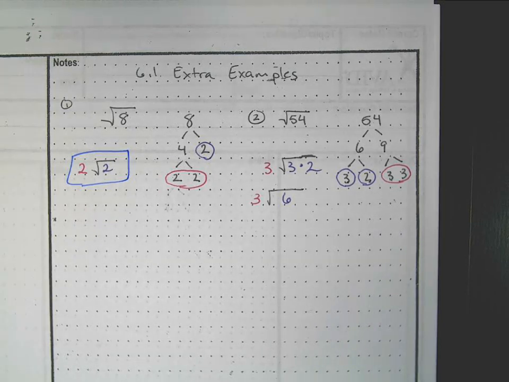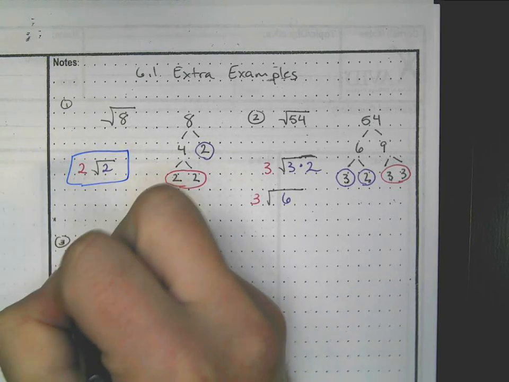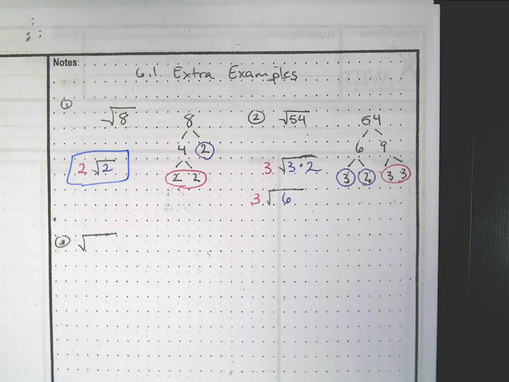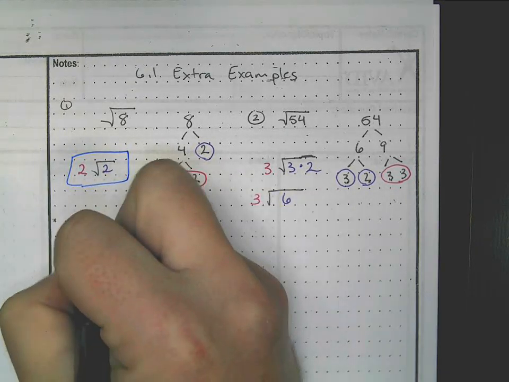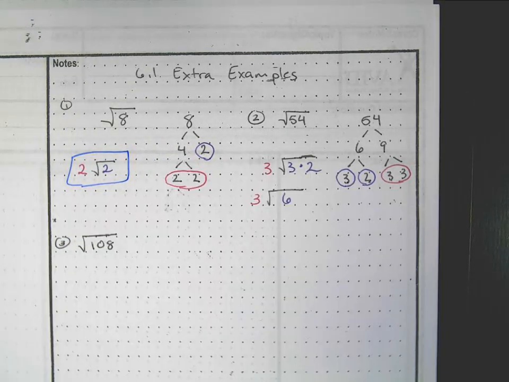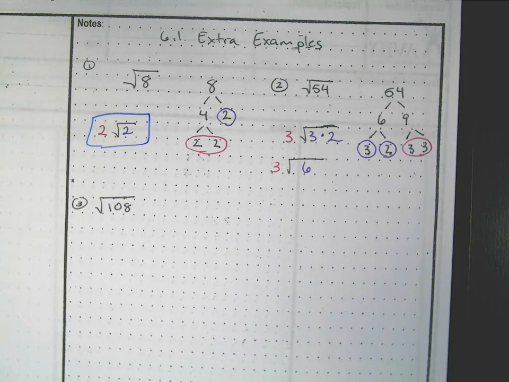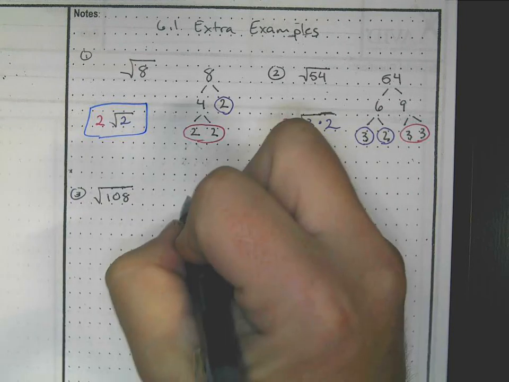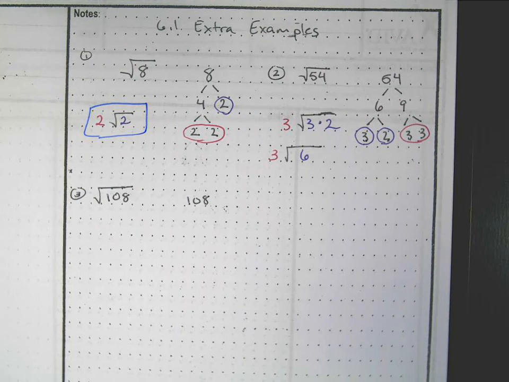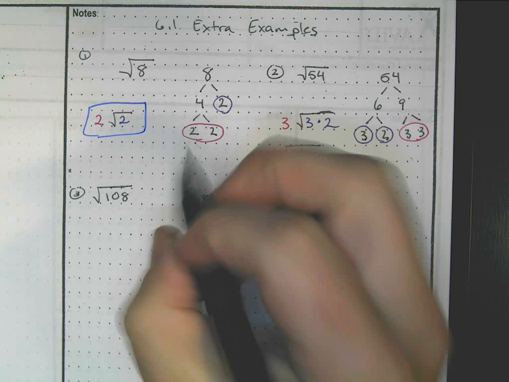Okay, so let's look at another example. Let's do the square root of 108. If we look at 108 off to the side, we can start breaking it down.